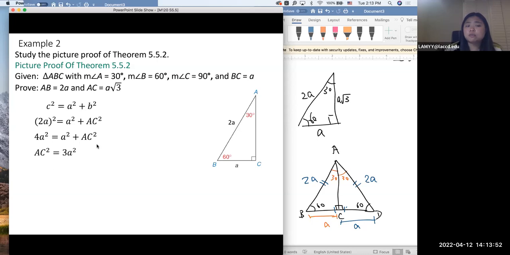Subtract the A squared, and then take the square root. Okay. So you should get AC equal to A square root 3. So we proved that AB equals 2A and AC equals A square root 3.